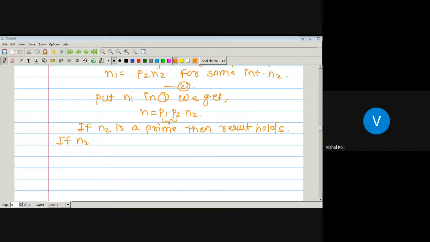If n2 is a composite number, then we continue the process.